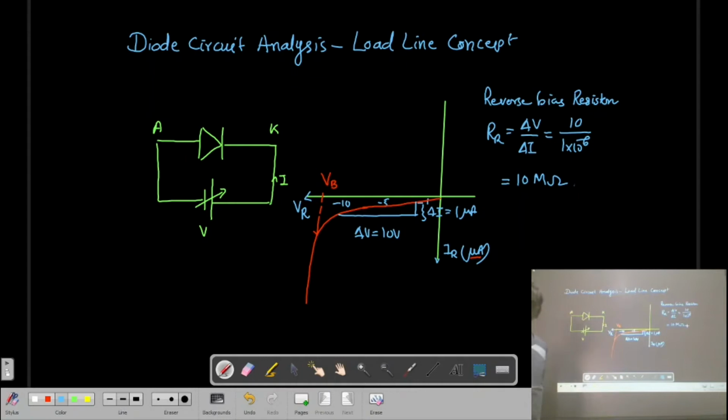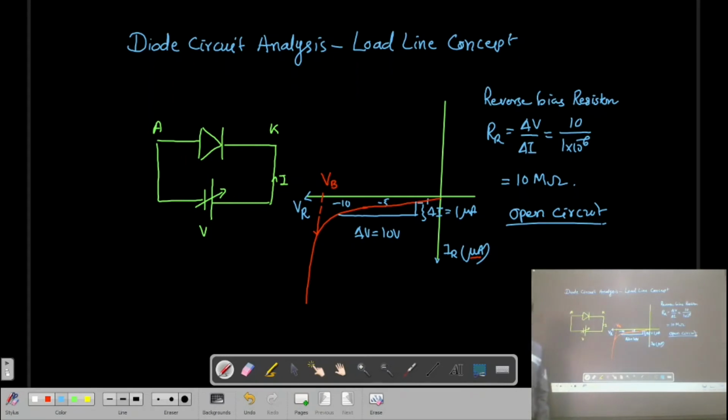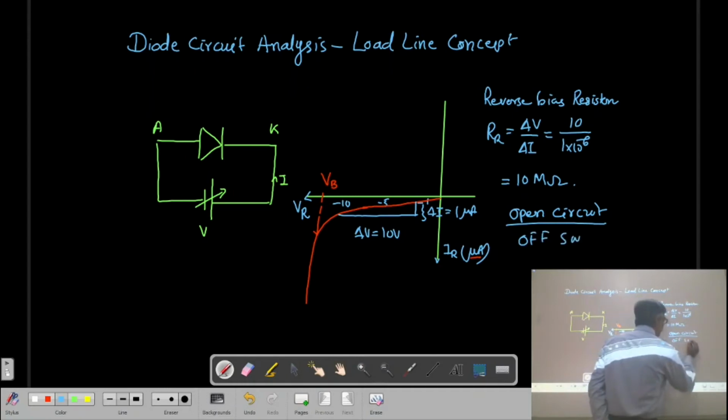So here you can see that when you operate the diode in reverse bias mode, the resistance offered by the diode PN junction is very large. So we can consider this situation as an open circuit, or you can say this is working as an off switch, because whenever the switch is off, the current is not going to flow.